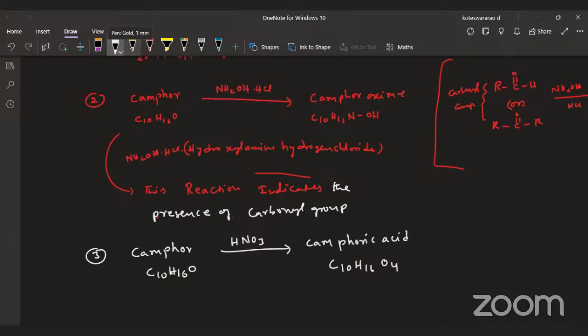Here, the camphoric acid structure is also unknown. But whenever it is treated with sodium hydroxide or potassium hydroxide, it produces the disodium salt or dipotassium salt of camphoric acid.